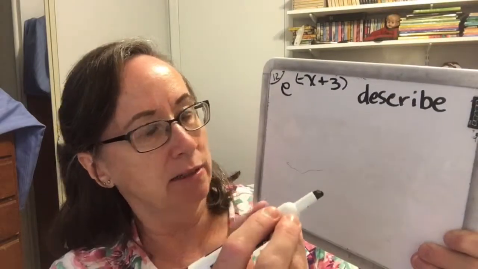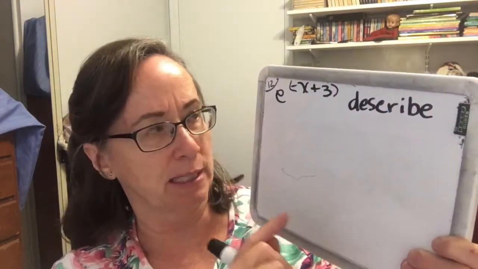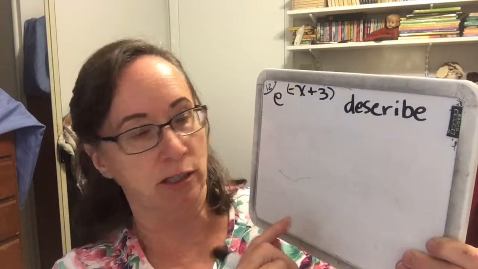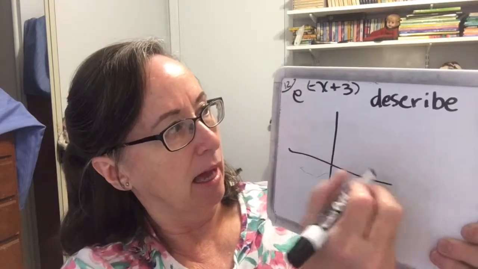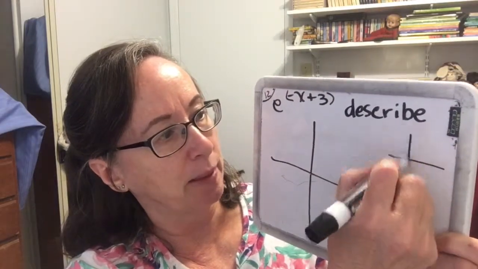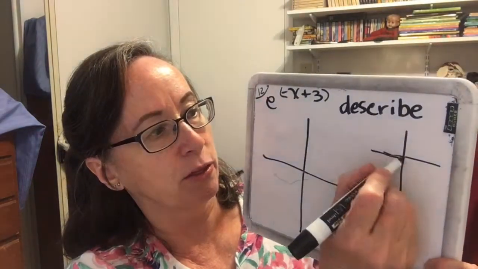And my little dyslexic brain has a hard time with these, so what I do is I always plug in points and see which direction it's going. So when I'm looking at this, I will say, okay, what happens when I plug in a 3?